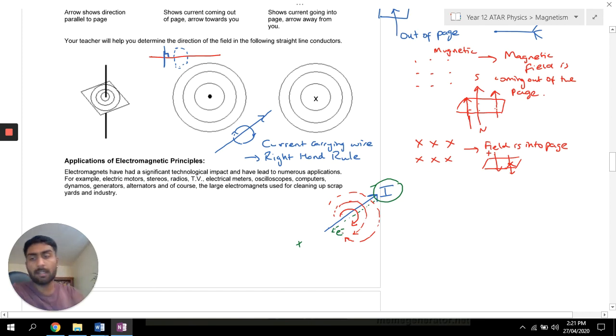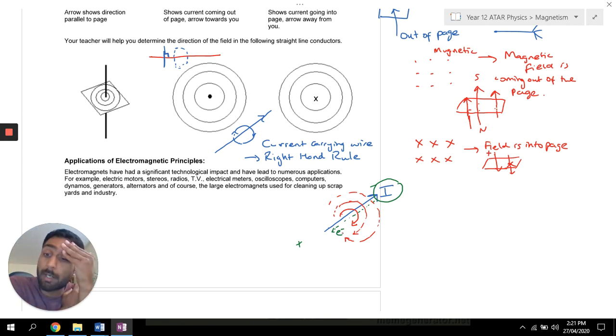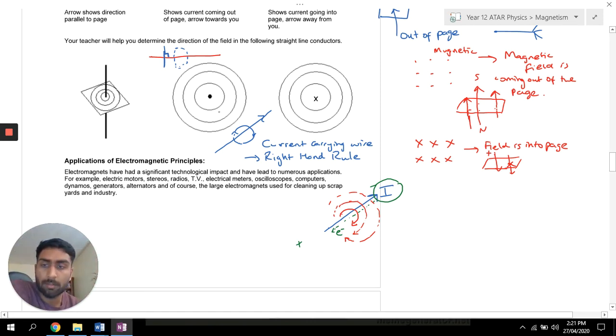It's important to note that this thumb is conventional current; in actual fact the electrons are flowing the other way. They can sometimes give you a charged particle like an electron, and you have to think in your head about how that would work out. We'll do that in later videos.